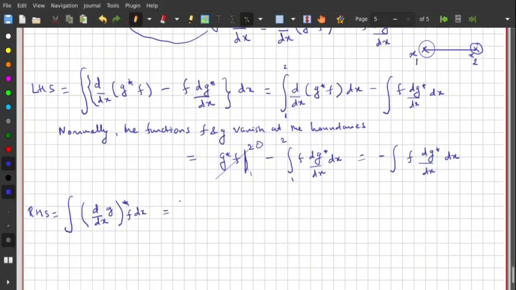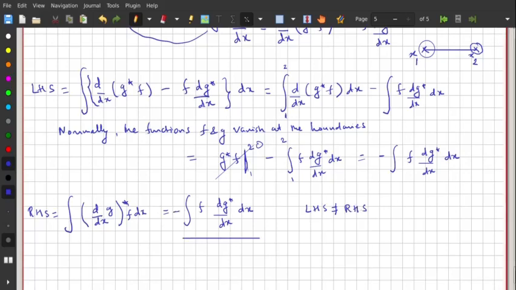So this becomes the integral of f dg star dx, and you see LHS is not equal to RHS, because the right hand side has a positive sign, and the left hand side is negative.